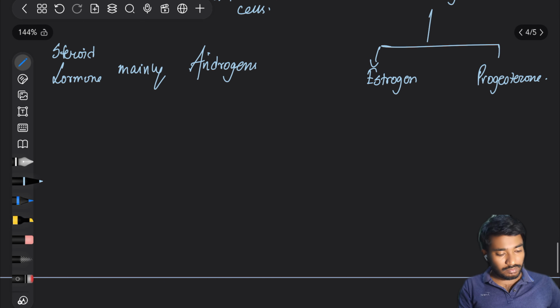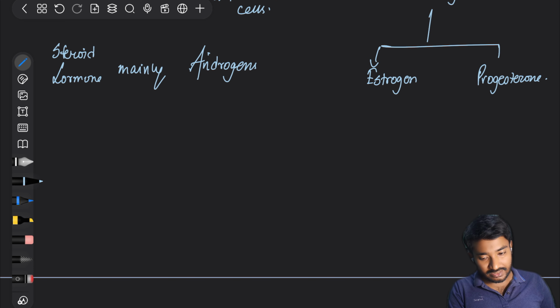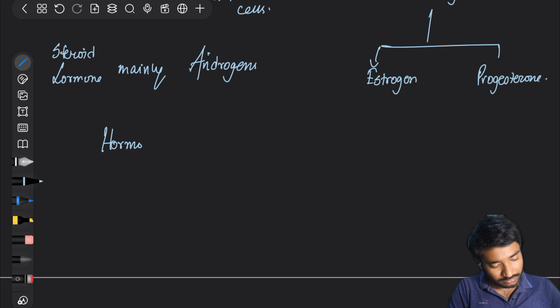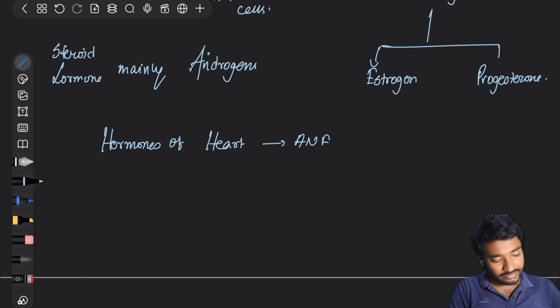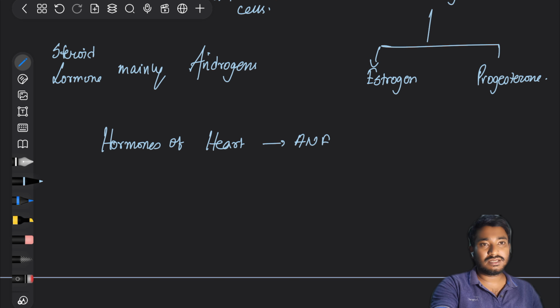Now come to the hormones of the heart, kidney and the GI tract. From the heart, it is the ANF, atrial natriuretic factor. I have given a description of this in the video lectures.